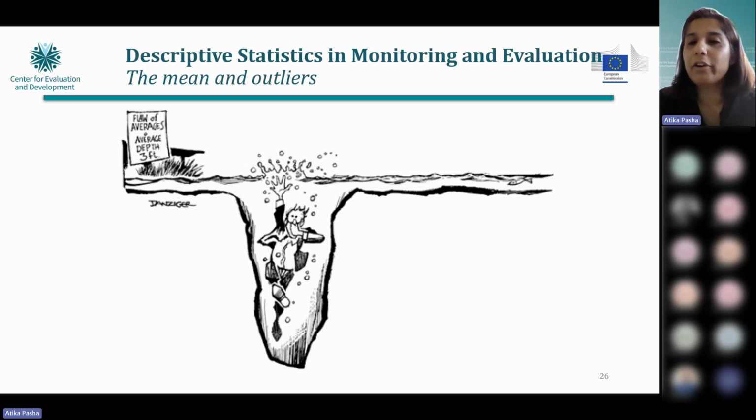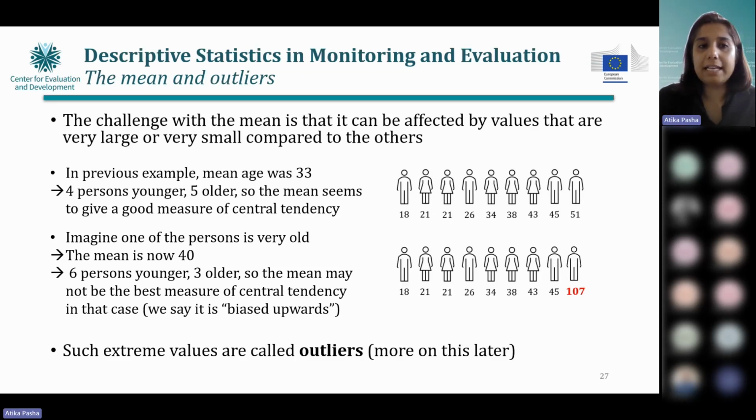So just to show you this figure, or what an outlier can mean. On average, you can have a depth of 3 feet, but exactly in the middle, there is a depth of 10 feet, and that's where you will drown. Or this is what will pull your entire analysis down. And the problem of outliers is also very, very critical in all analysis.